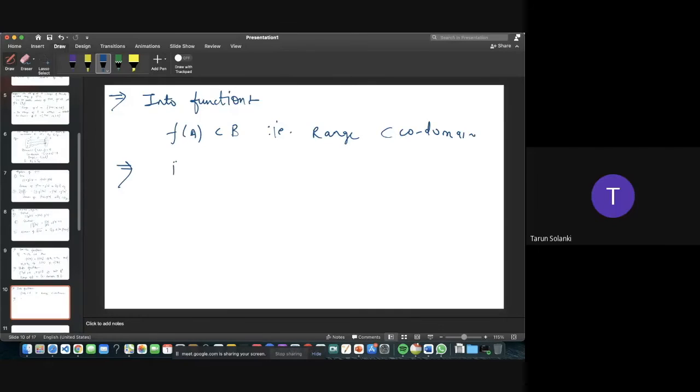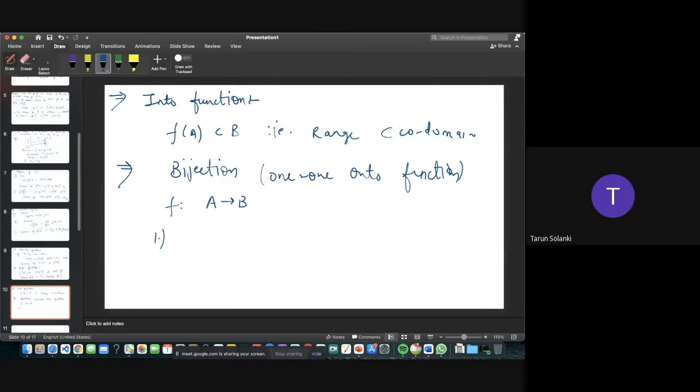Next we are having bijection or one-one onto function. Okay, so a function f from A to B is a bijection or bijective if it is one-one as well as onto.